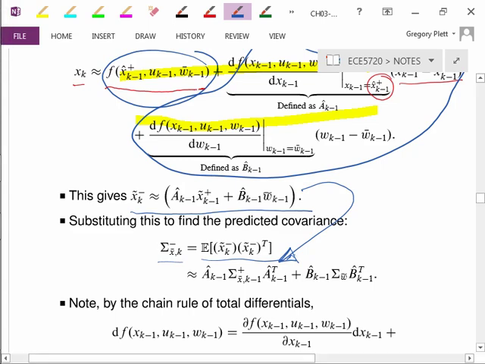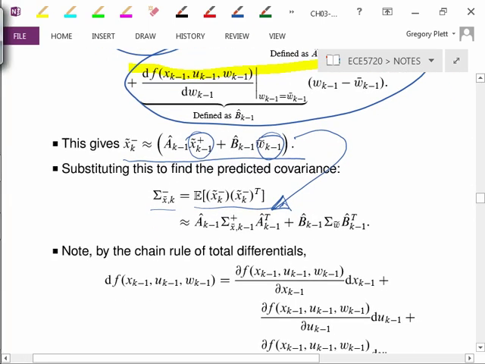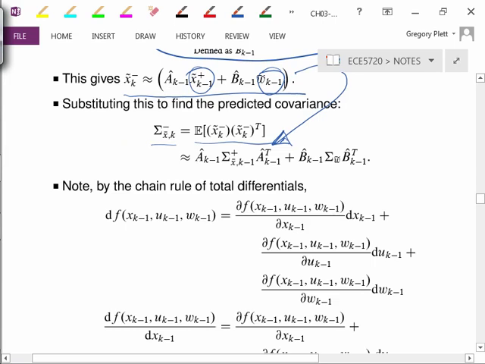When you FOIL that out, the first terms and the last terms are retained, but the inner-outer terms are not, because we're assuming that this and this are uncorrelated with each other, and when we do the subtractions, we get zero mean out, so they go away. So that gives us an expression here. This is how we compute the covariance of the prediction error.